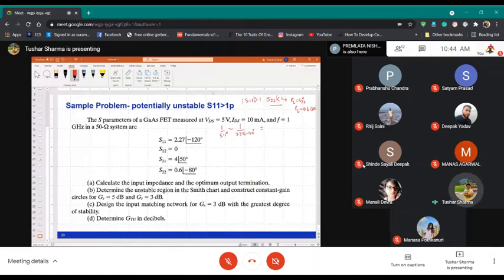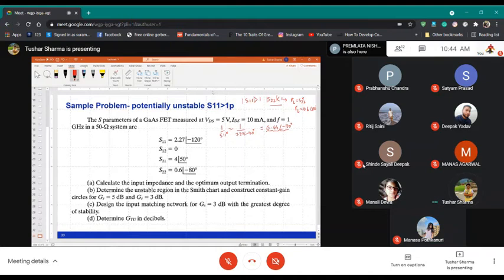This is minus 120, so the conjugate becomes plus 120, and then it goes up. So this becomes 0.44 angle minus 120 degrees. I first have to locate this impedance on the Smith chart.